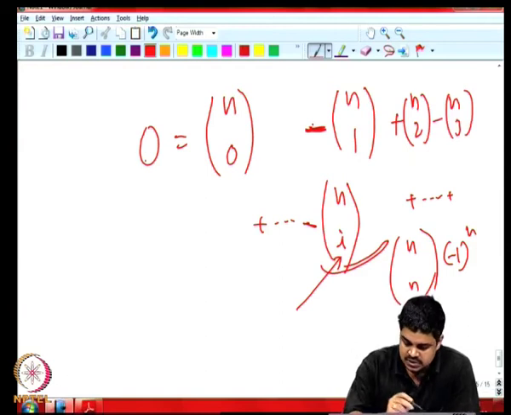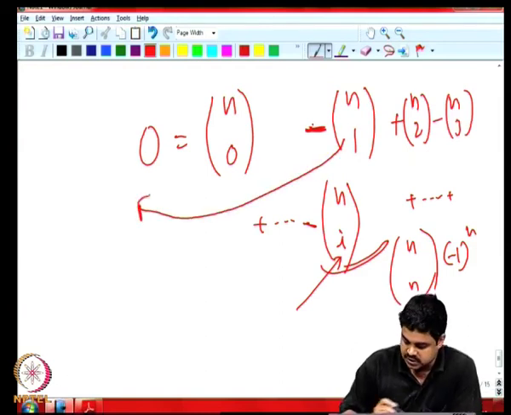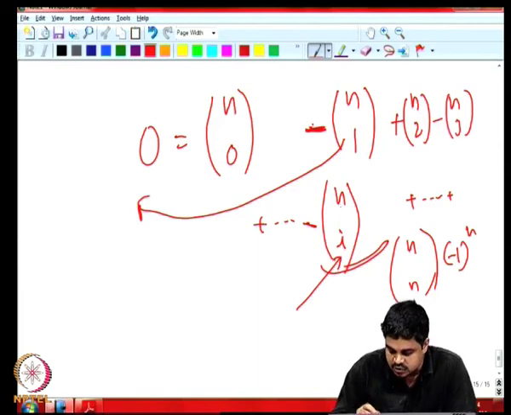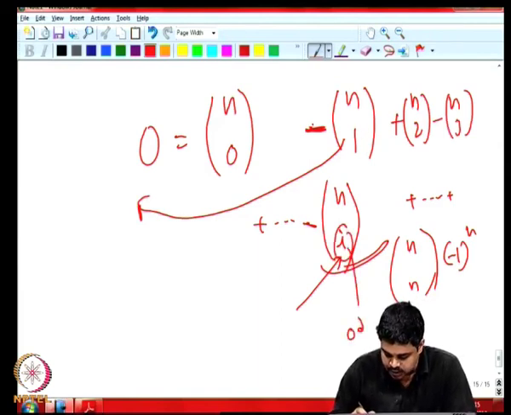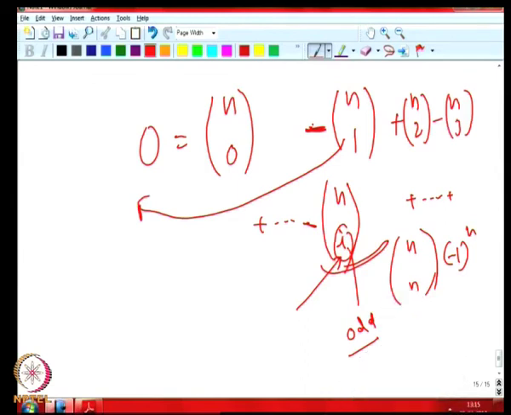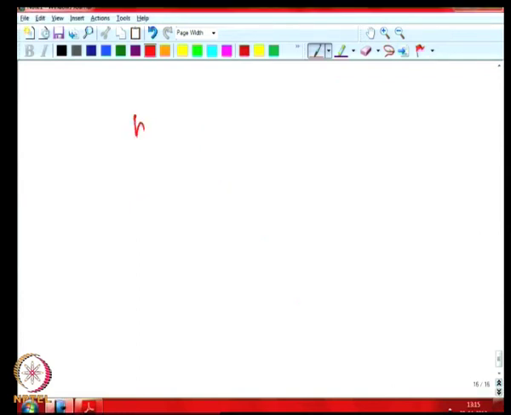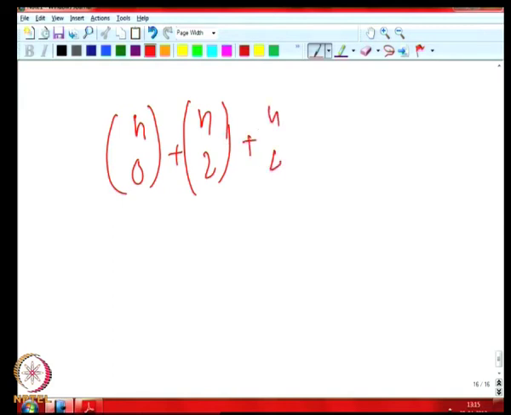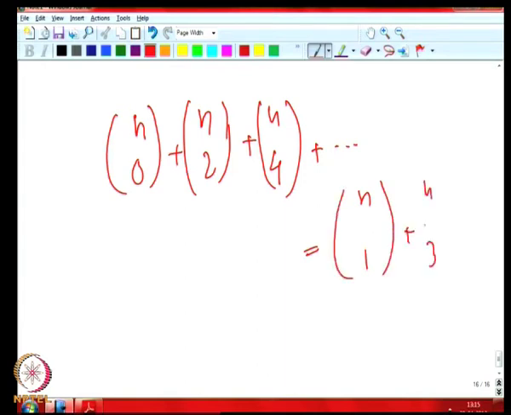Because this is 0, all the negative terms can be taken to this side. Negative terms are those n choose i's where i is odd. Therefore, what we get is n choose 0 plus n choose 2, that is, the even numbers I am collecting, these are all positive signs, plus n choose 4 and so on, and this will be equal to n choose 1 plus n choose 3 plus and so on.